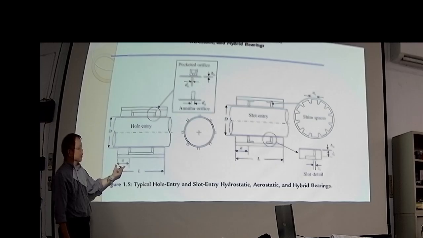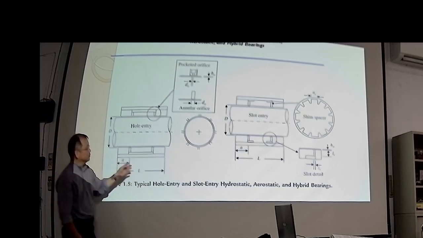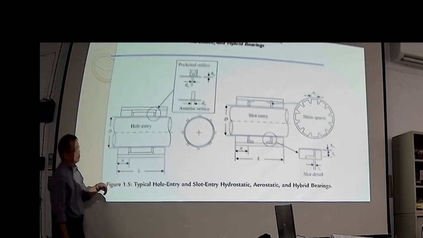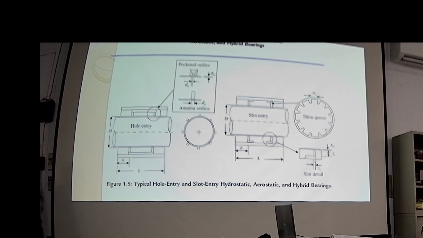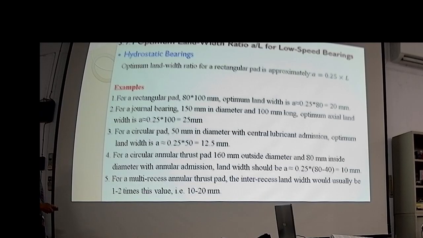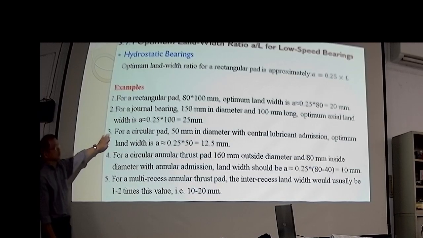In the axial direction, the bandwidth A divided by the journal length L is equal to 0.25, a quarter. So this is the first guideline for the circular bearing that is the same.